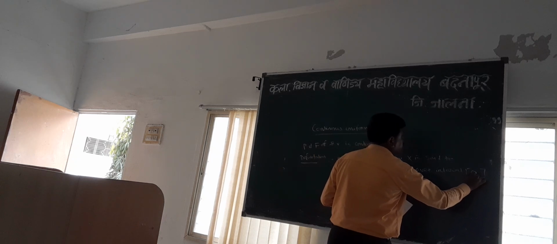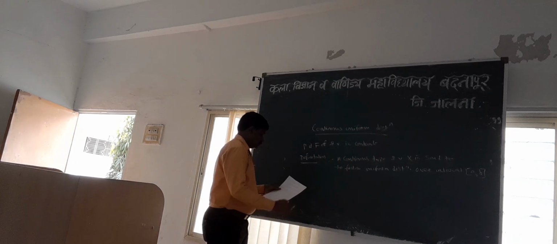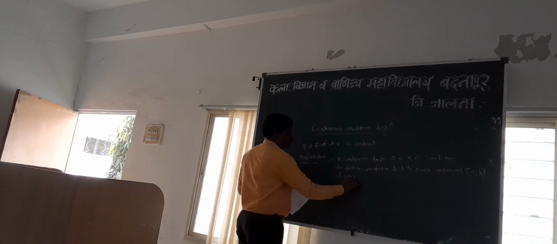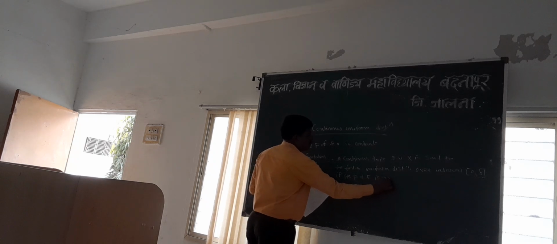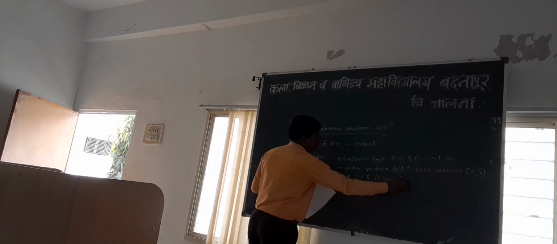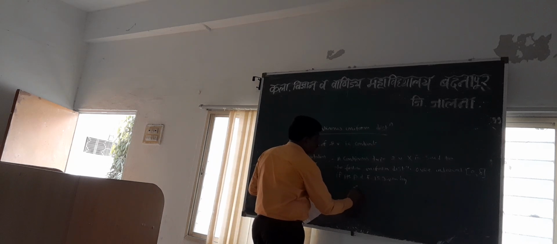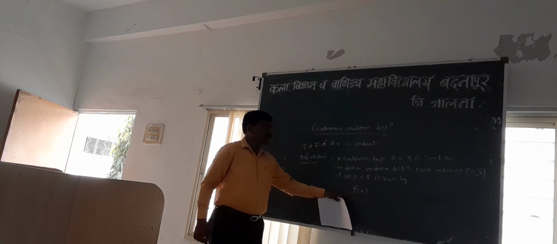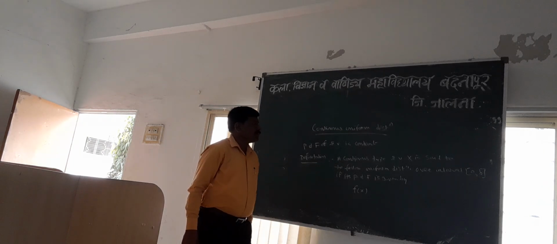A is alpha and b is beta, if its probability density function is given by f of x, where x is a continuous type random variable.